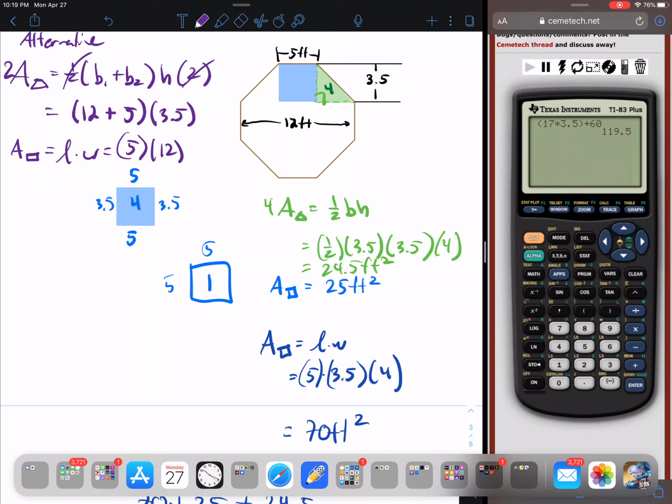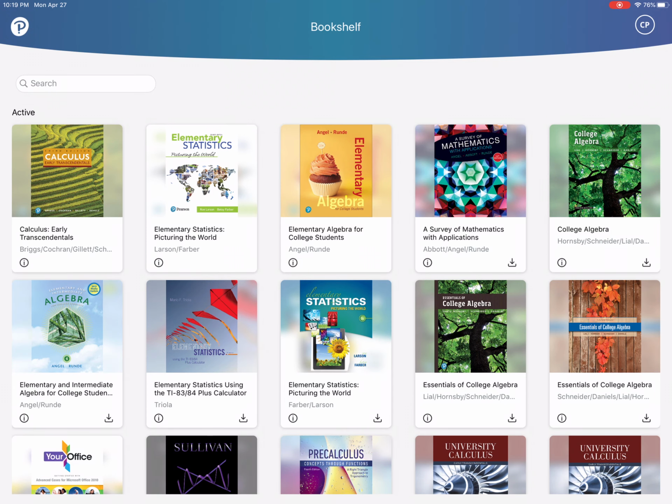So obviously I'm doing this all on the fly. Let me pull up my book real quick. I think it's in my college algebra book. Oh, I hadn't even downloaded it. Okay, where else? I think I have it over here while that's loading.